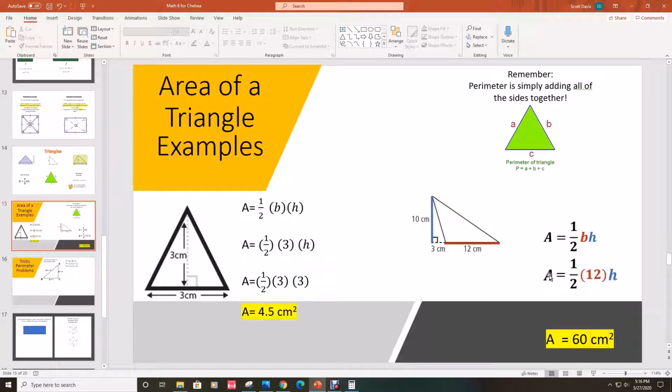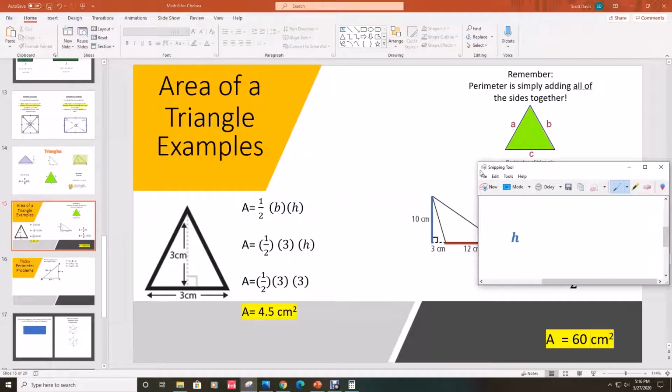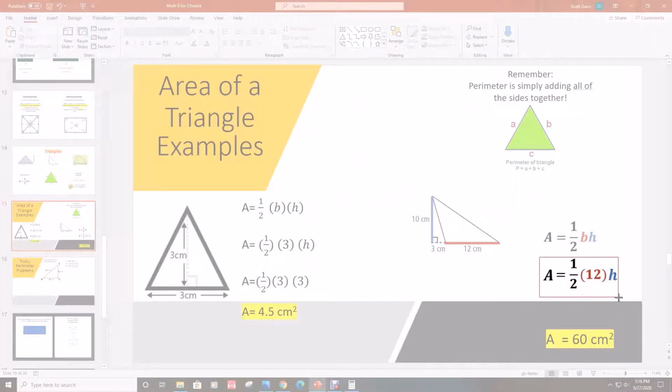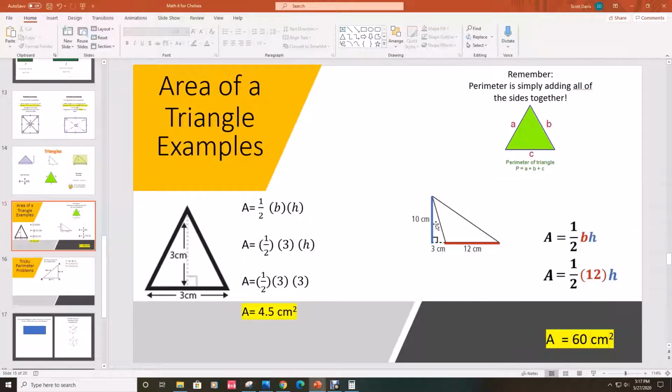So now I can carry this down and I can go ahead and fill in what I have for H. And what I wanted to show you on this, the most important thing other than changing all that triangle up, was that sometimes they will try and trick you or try and catch you up with the way that they present that problem to you. And they will show your triangle like this, and it looks way different than that other triangle did.